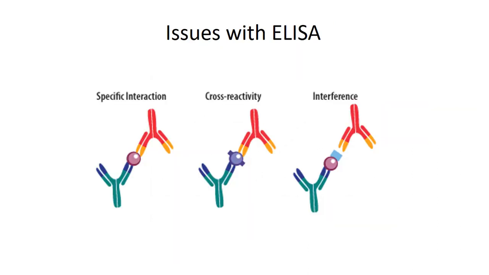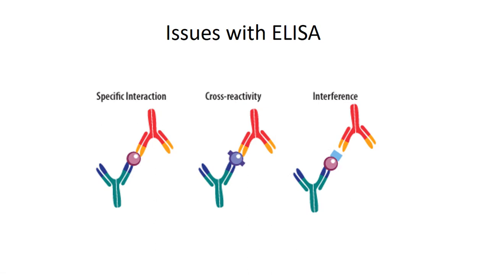In terms of some issues you might have with the ELISA, on the left hand side, this is the ideal scenario. You have a specific interaction between the target and the capture and detection antibody. But what can happen is you can get cross-reactivity, where some antigen that you're not interested in manages to interact with the detection and the capture antibody.